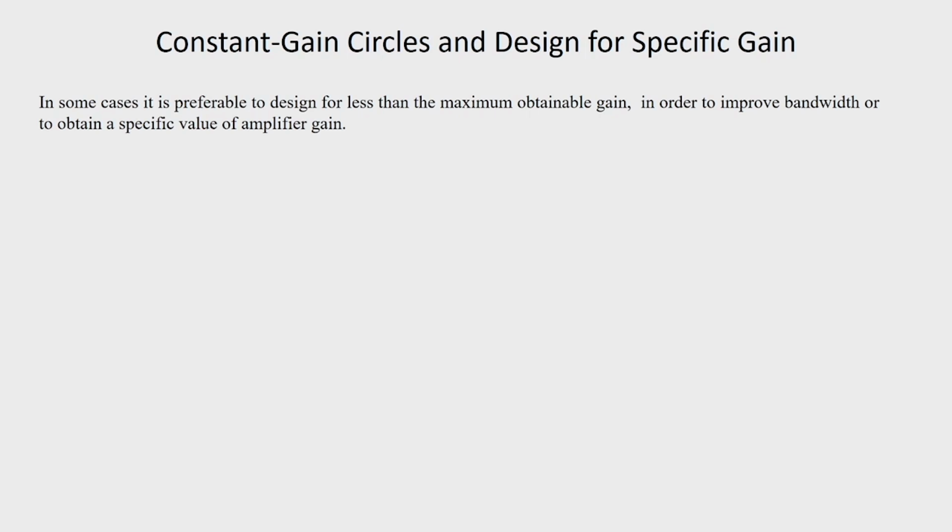For example, we know that the higher the gain, the lower the bandwidth. So, in order to improve the bandwidth, we may sacrifice gain, or this amplifier may be working as part of a system where we require the amplifier to provide some specific values of gain.